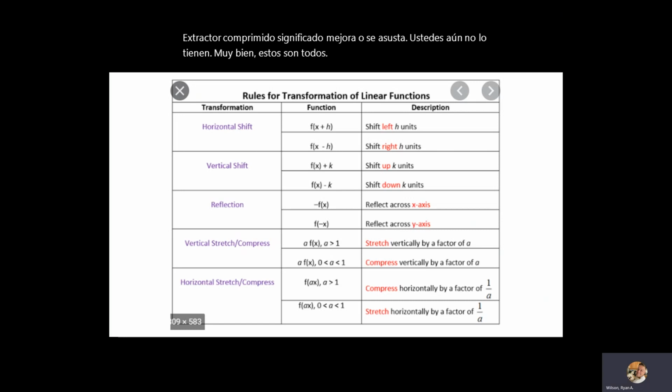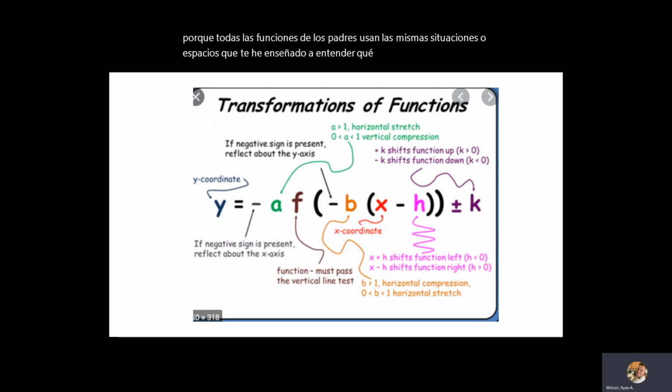When you take a parent function and you transform it in some way, the reason they only use f of x is because all parent functions use the same spaces, as I've taught you, to understand what type of transformation has occurred. So these are the spaces for transformation.